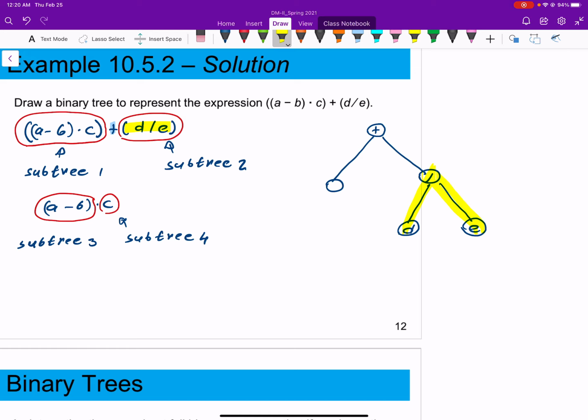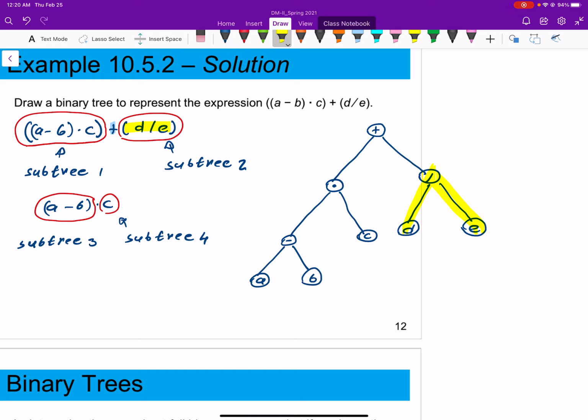So that is the first subtree, and then in the next subtree I have to represent multiplication here, and then it has two sub branches. So this is definitely C, and here this is negative, that is A, that is B.